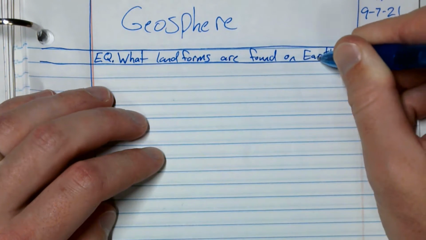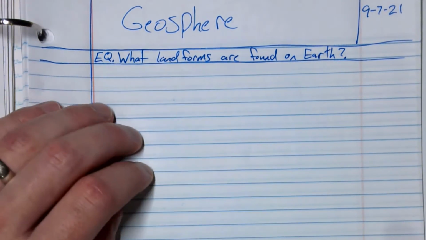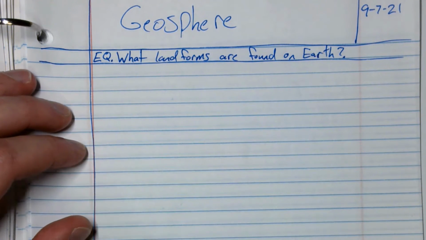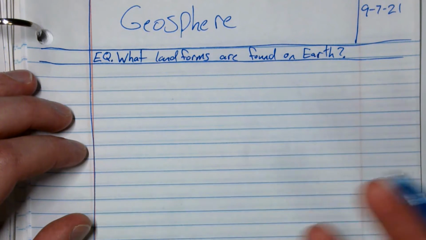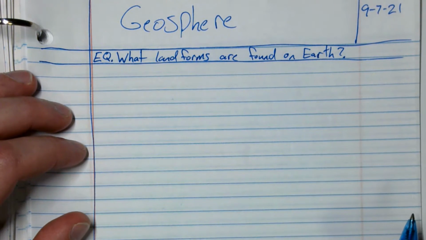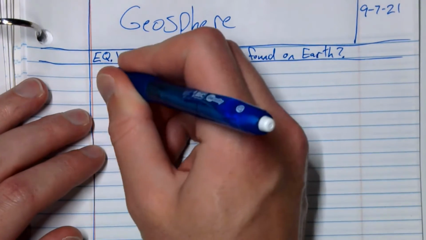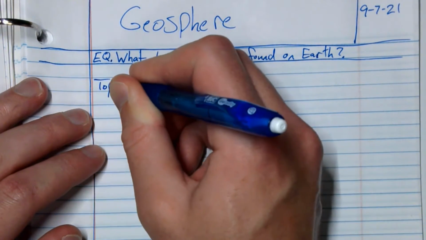Question mark. We're not going to go through every single landform, but we're going to get a couple of them so that we can kind of get an idea of what it means, and we're eventually going to be using those ones in a topographical map, which is actually our first word is topography.